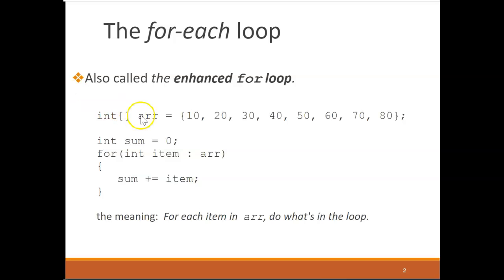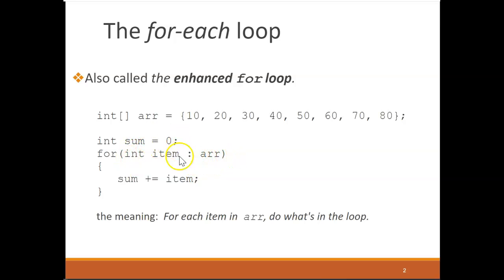Here, say we had an array of integer values. Normally when we loop through it using a regular for loop, we loop through the index values, so 0, 1, 2, 3, and we use i. But now instead, we're going to use a for loop that just straight up loops through the values in the array itself. So we could say for int item colon arr.